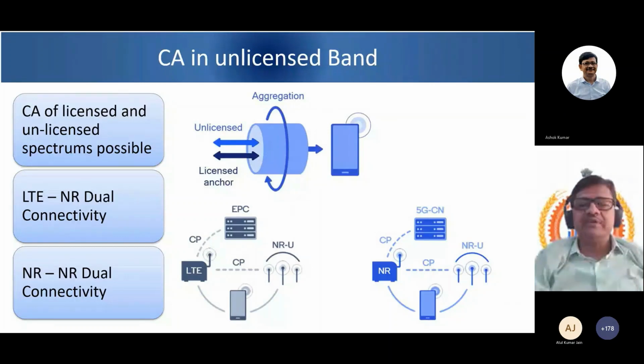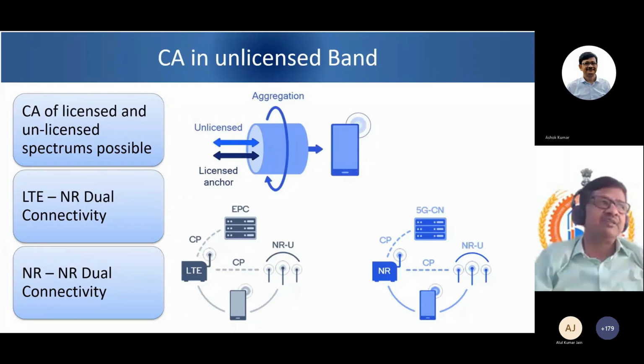So Atul sir has asked whether this feature is by default for every customer. It's very tricky in the sense that, first of all, operators should have the unlicensed spectrum band. Secondly, their base station should support the unlicensed environment. They should follow the standard.